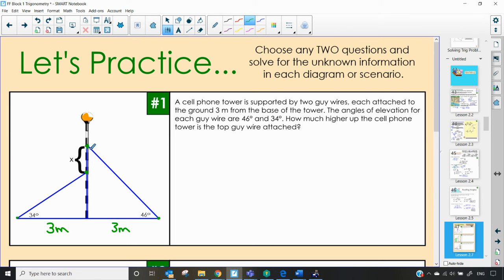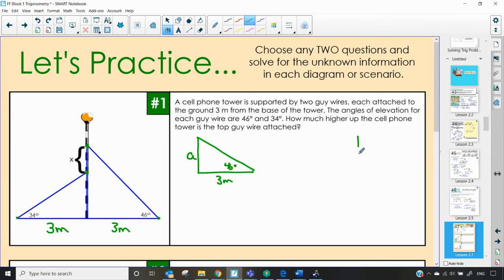Now, in order to do that, I have to figure out how high up the pole each guy wire goes. This one is not an example of finding a shared line so much as finding the difference between the 2 points on the pole. So I'm going to redraw my diagrams here, just so it's easier for labeling. I have 46 degrees. This is 3 meters away, and I'm looking for this height.